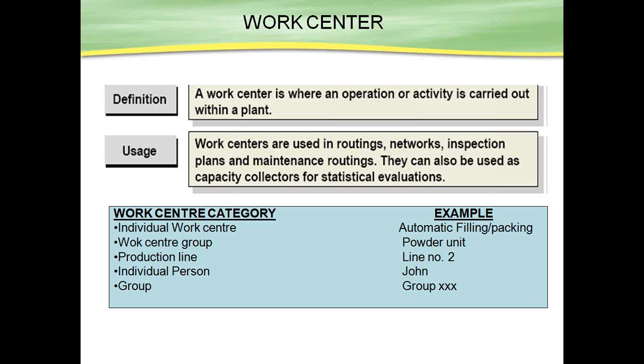Work center is used to show the exact workplace. Second, it is used to calculate the capacity, and it is used in capacity planning and capacity evaluation. Work centers are used in routing, network, and inspection plans.